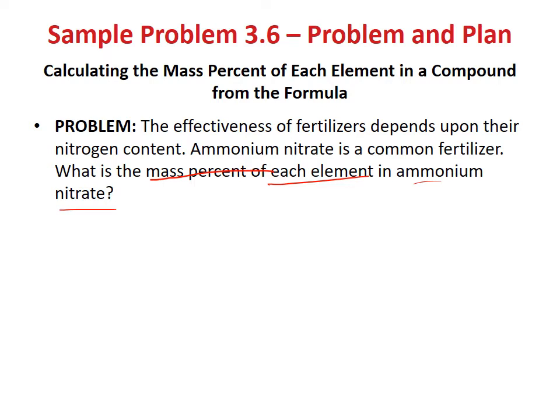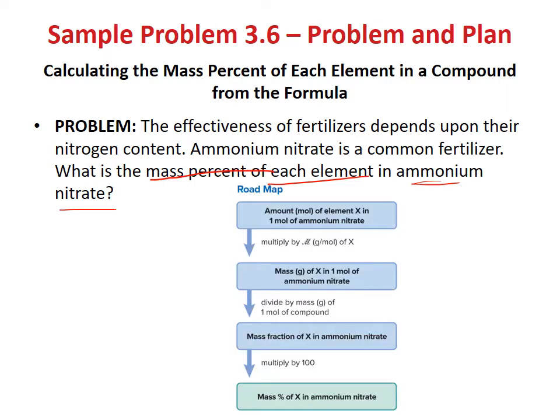So before we calculate, we need to know the molecular formula so that we can first find how many moles of each element are in 1 mole of ammonium nitrate. And then we multiply by their molar mass to get the mass of each element in 1 mole of ammonium nitrate.